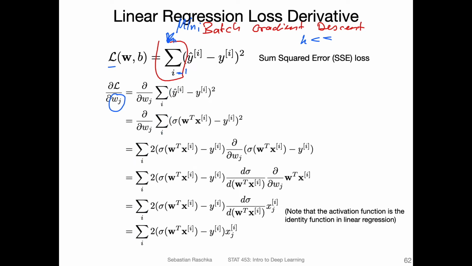Alright, so what we do now is derive the loss with respect to the weight. Let's take a look here. This is just the sum squared error loss that I have written down again. Now we are differentiating this loss with respect to Wj. The first step is expanding this term here, the prediction.